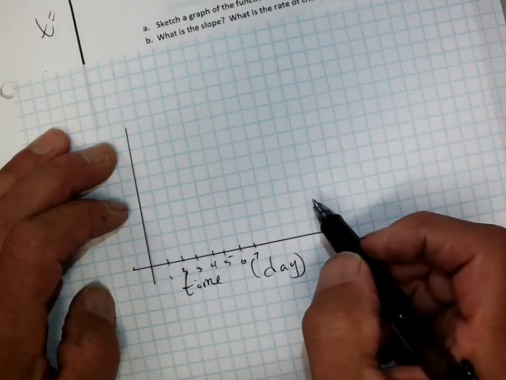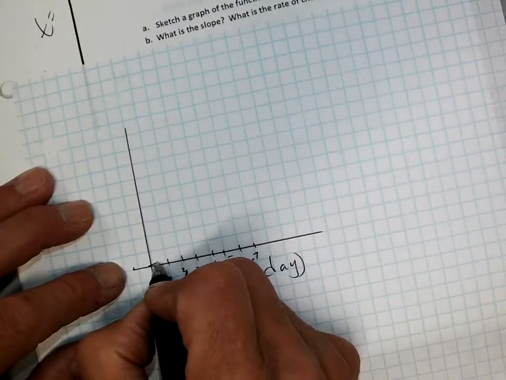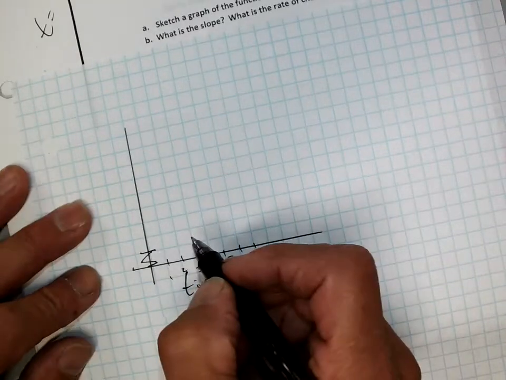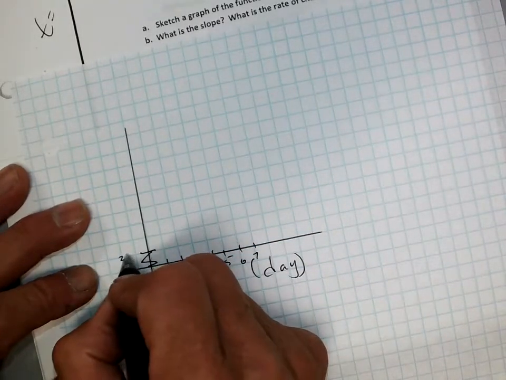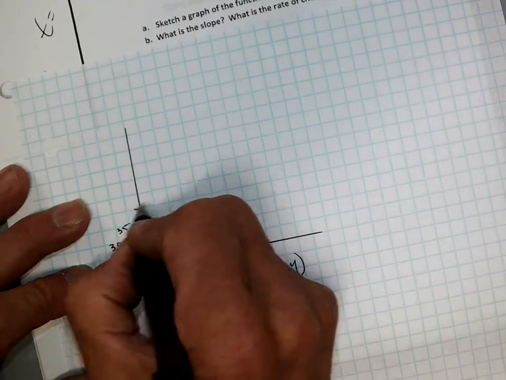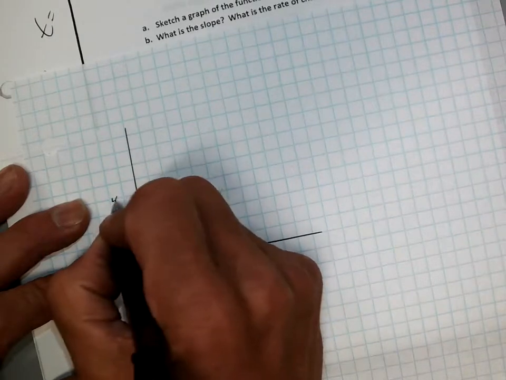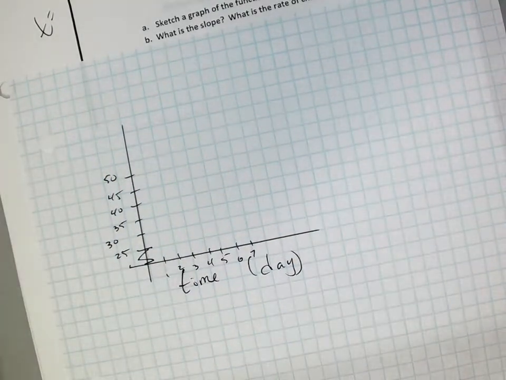And then I'm probably going to go by 5s here. Squishy, I like squishy. I'll probably start with 25, 30, 35, 40, 45, 50. Okay, all right.